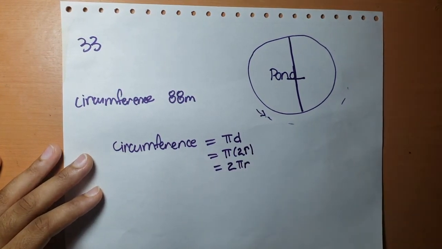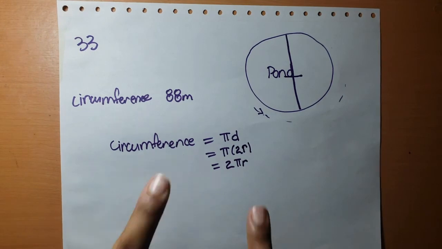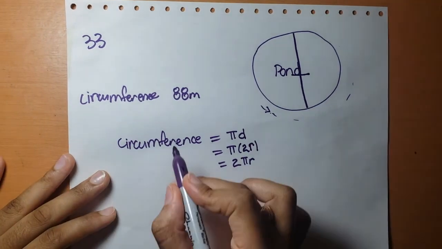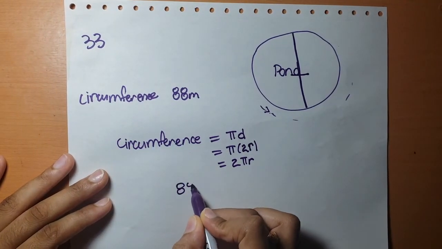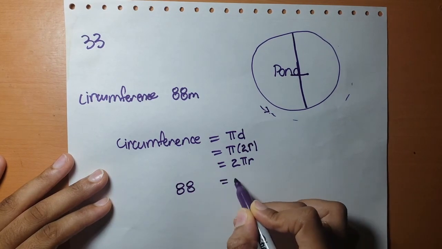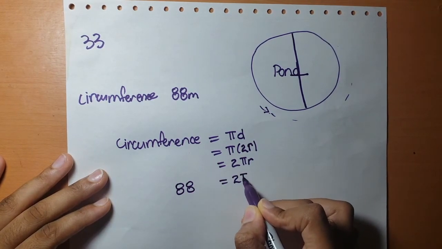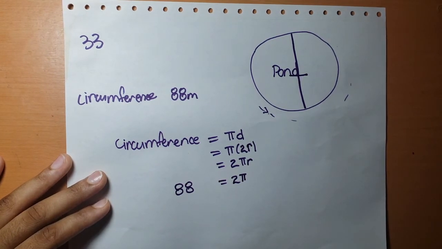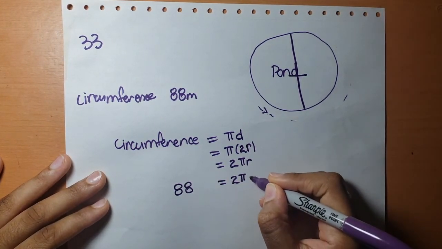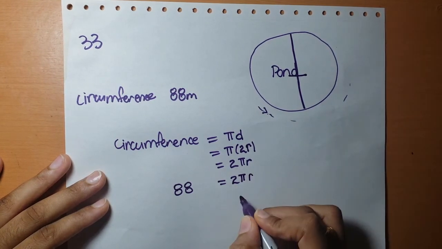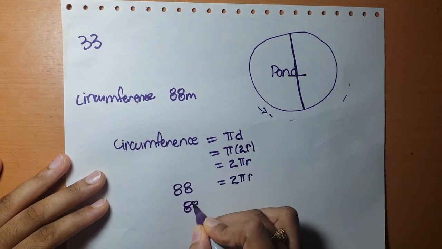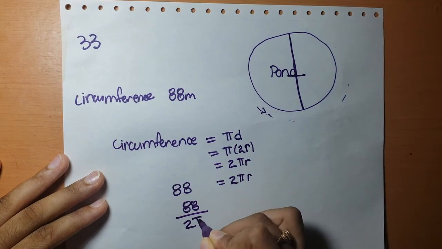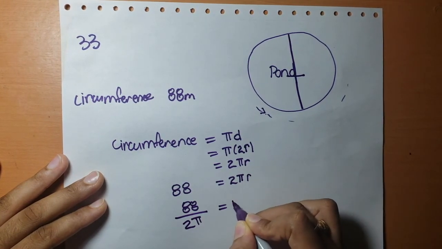So we're not working with diameter, we're working with radius, so we're going to use this formula. Since the circumference is 88 meters, 88 meters is equal to 2 times pi, which is a number, 22/7 or 3.14, depending on what the examiner gave you, times r. So therefore, 88 over 2 pi is equal to r.